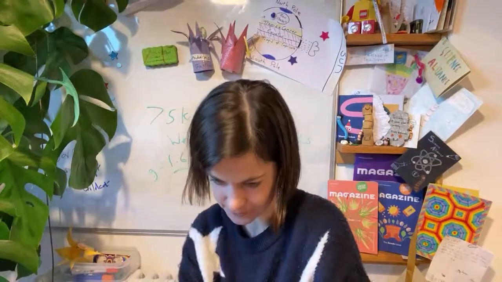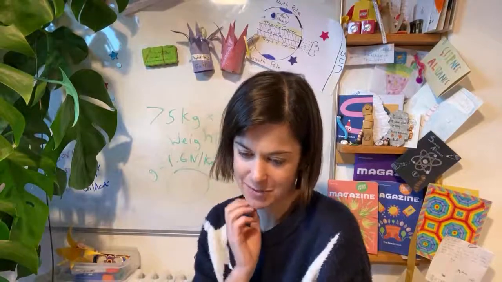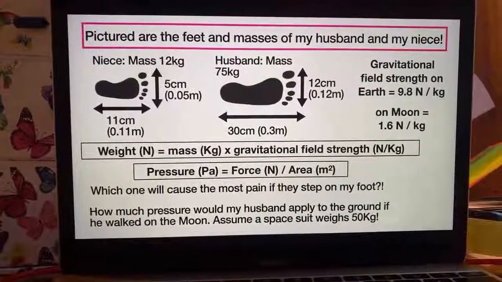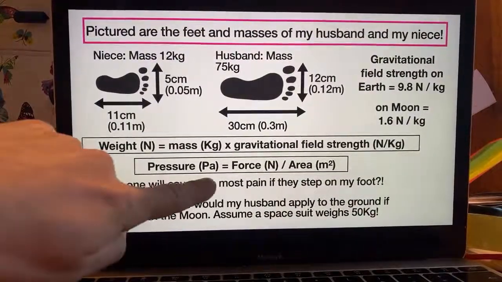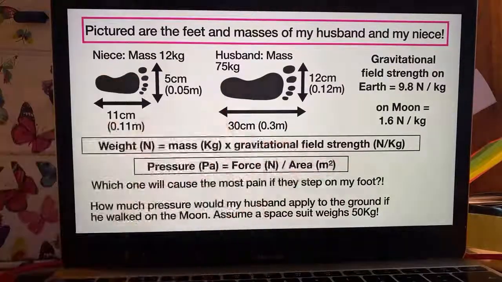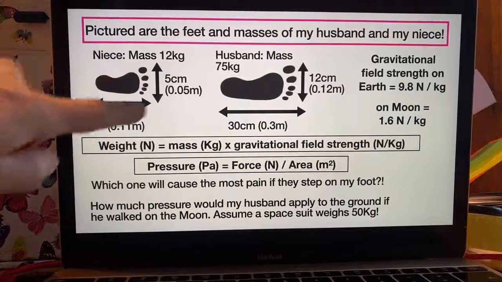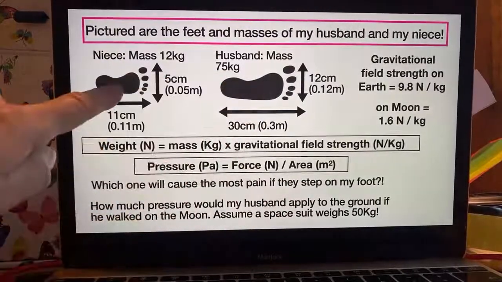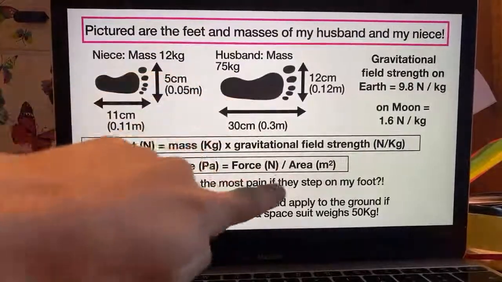Here we go. We want to work out the pressure that my niece puts on my feet if she stands on them. So pressure, we learned last week, is force divided by area in meters squared. First of all, we need the area. The force pushing down would be her weight. So we need the area of her foot and we need the weight.